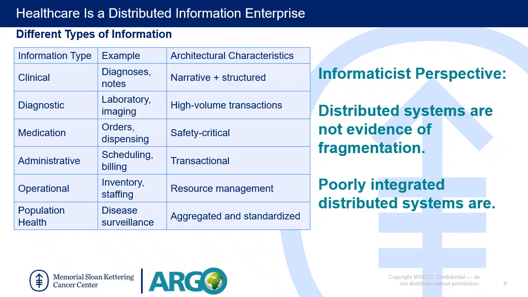So my point here is, a distributed system by itself is not really wrong. It's not really evidence of fragmentation, right?